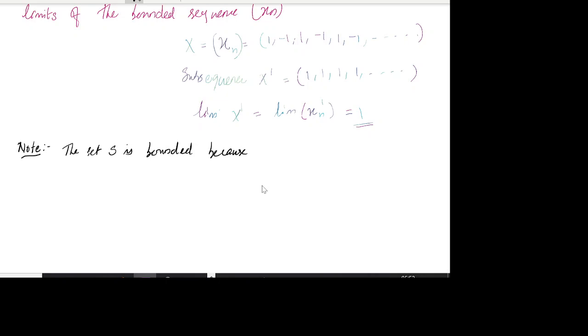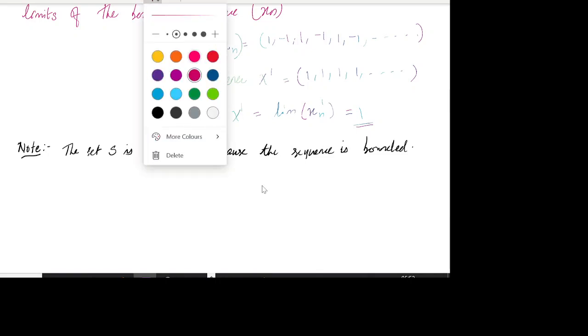The sequence is bounded, so a subsequence is also bounded. So we can say that our set S is also bounded.